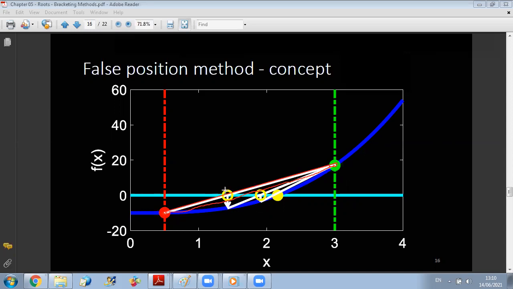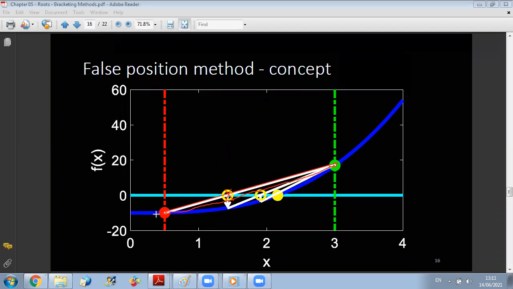I just join the 2 points, and the intersection with the axis will give me the root. Of course, we will not be given linear functions. The linear function is very simple to solve. But I'm telling you why the false position method will work well for functions close to linear behavior.